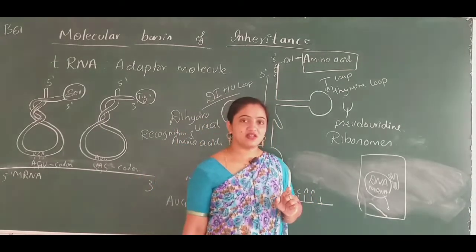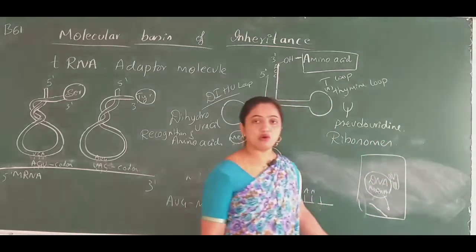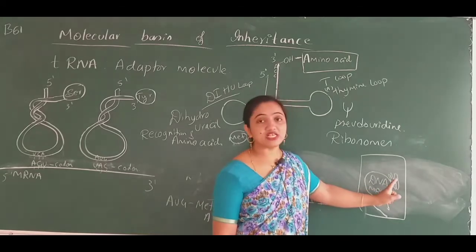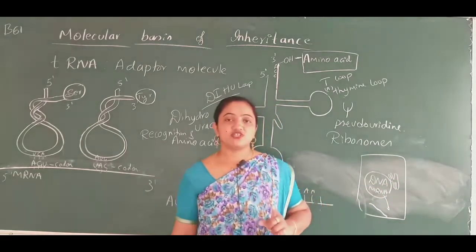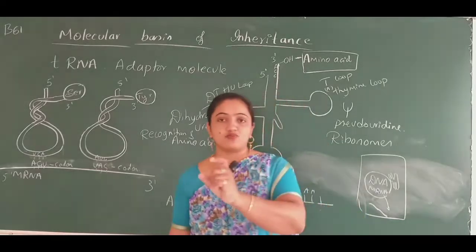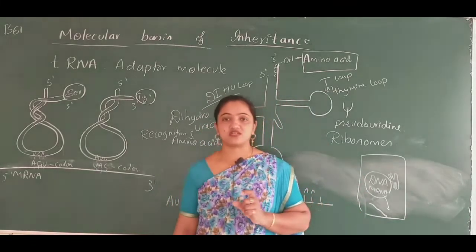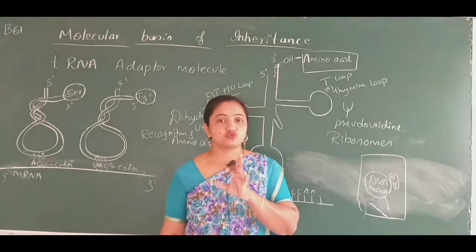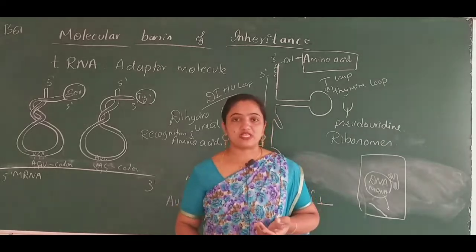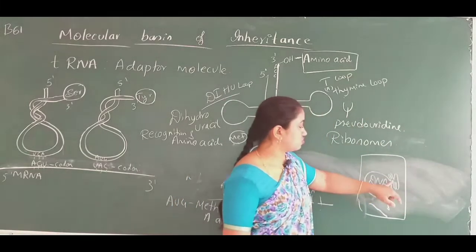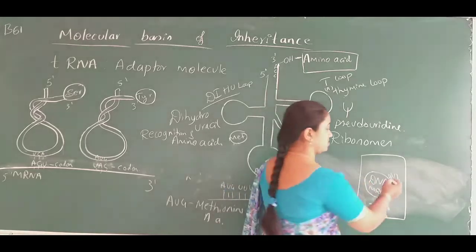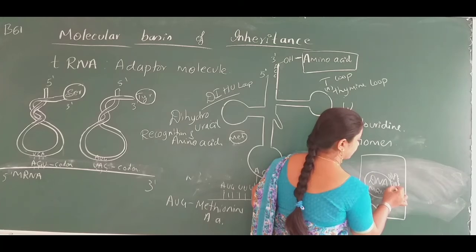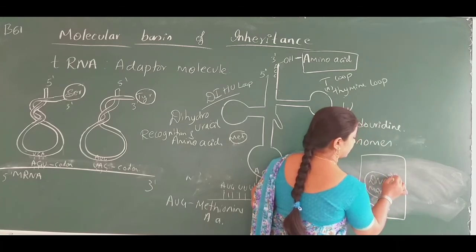While studying the cell organelles, the endoplasmic reticulum, I mentioned smooth endoplasmic reticulum and rough endoplasmic reticulum. Rough endoplasmic reticulum is nothing but having ribosomes on its surface. Yes, those ribosomes. Suppose ribosomes are present on the endoplasmic reticulum.